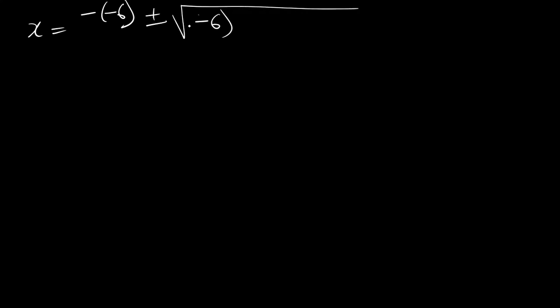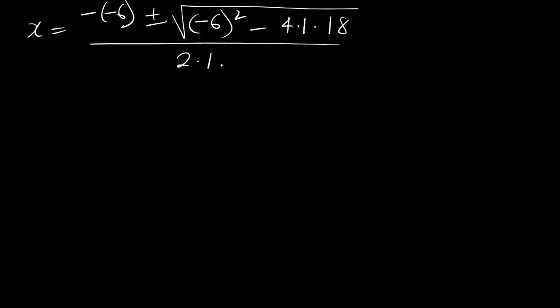So x will now be equal to minus b, so minus of minus 6 here, plus or minus the square root of b squared, so we have minus 6 squared, minus 4 times 1 times c, which is 18, divided by 2 times 1, where a is 1.